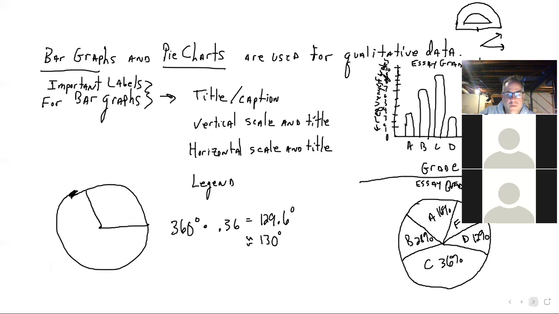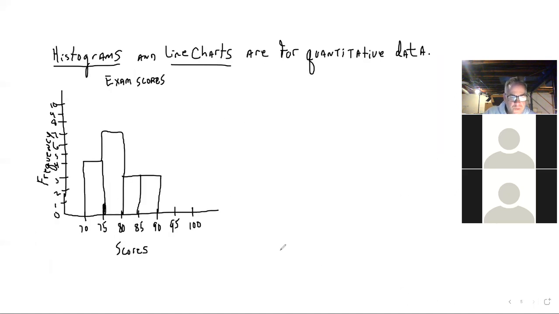And then 1. So this one would go from 90 to 94. And then there was just what? 1 between 95 and 99. And that's again referred to as a histogram.